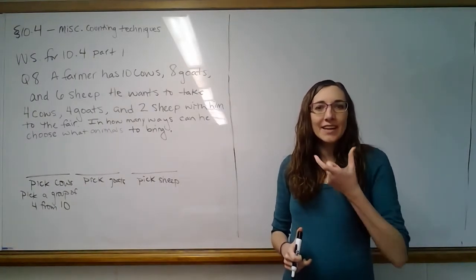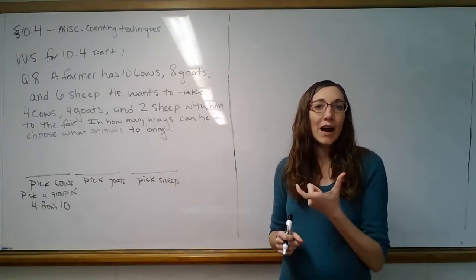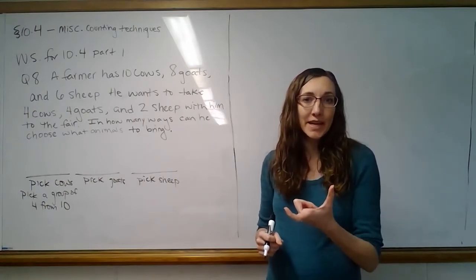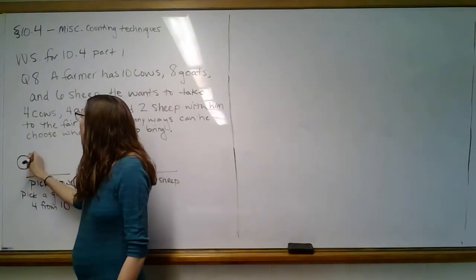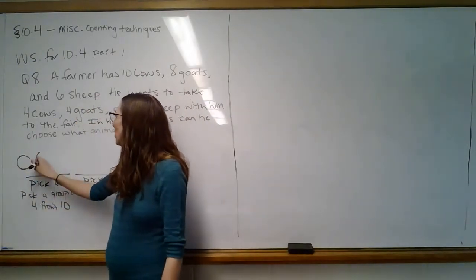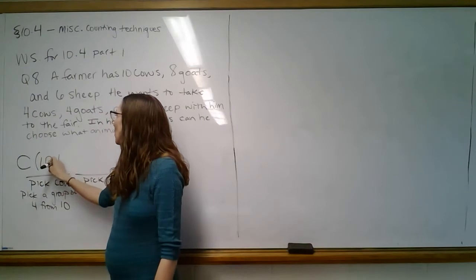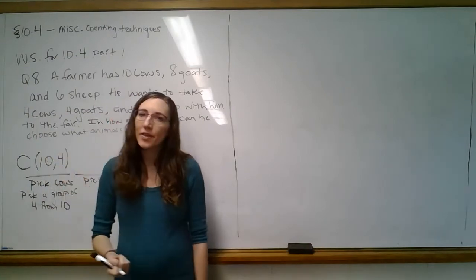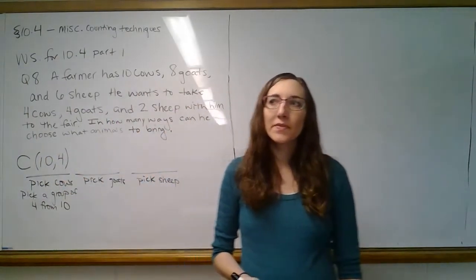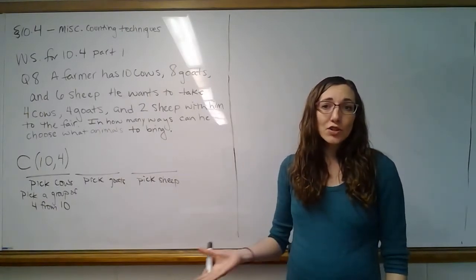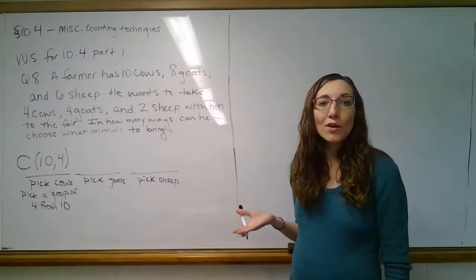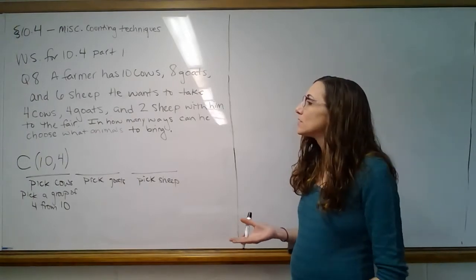So really, the event of picking the cows is a combination. So in this blank, we need a combination where from the total of 10 things, we're going to choose 4 of them. Now, I'm going to have to compute what that is, but there's also more events, more parts to this problem in the sequence of the problem.